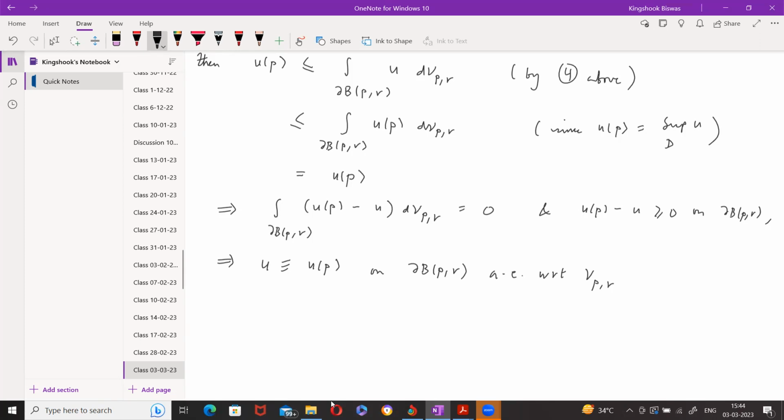So this is 0 almost everywhere on the sphere with respect to nu P R, but that implies actually that it's 0 everywhere.